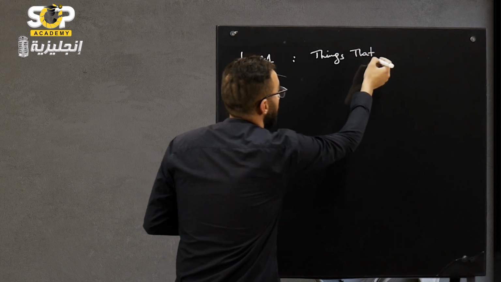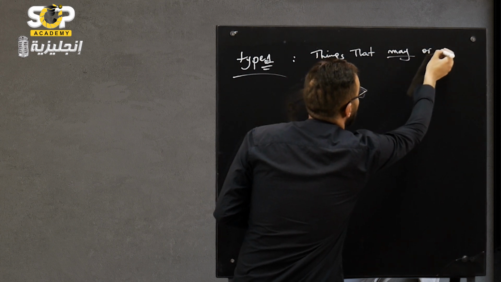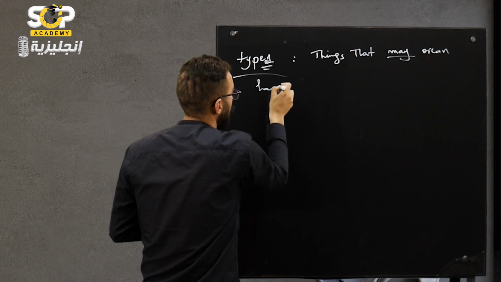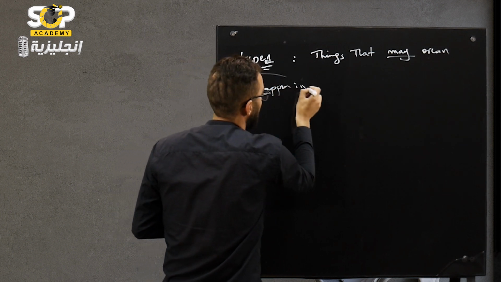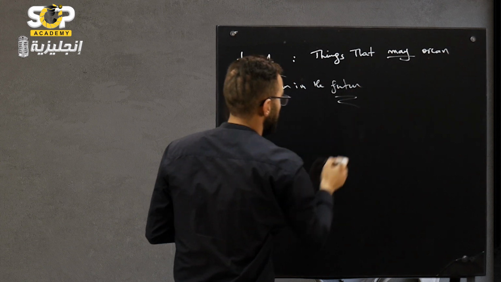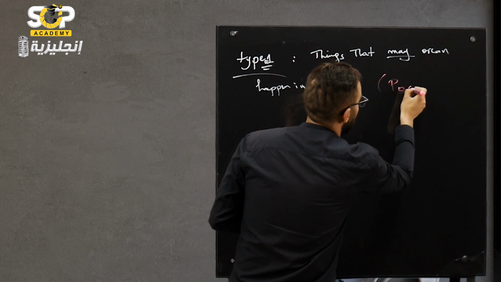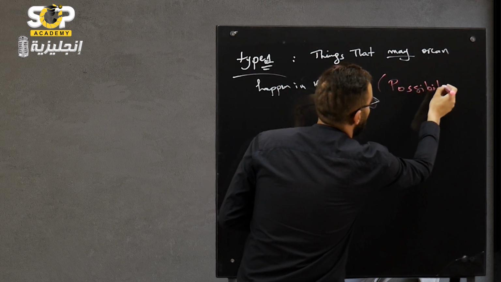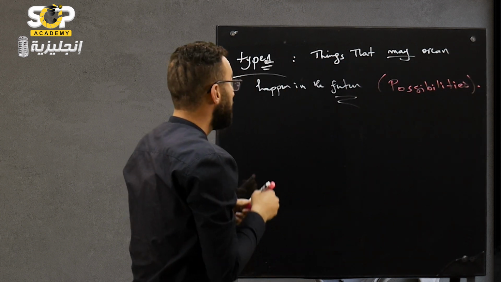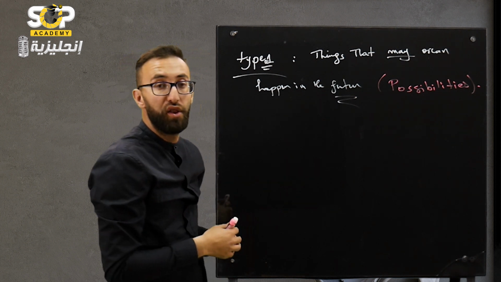Concentrate here with my words: may or can happen in the future. We're talking about possibilities. That's type 1.